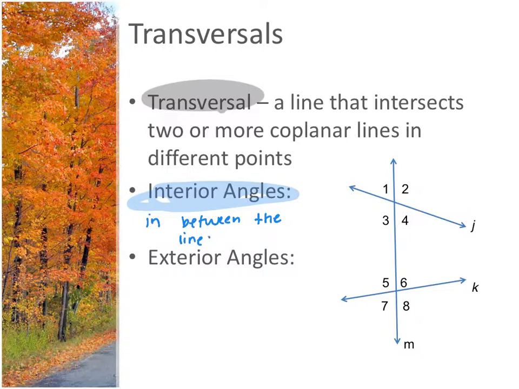So in between, not the transversal, but the lines that it intersects. And exterior angles are angles that are outside the lines that are being intersected.